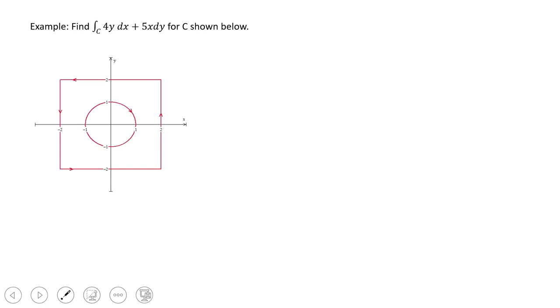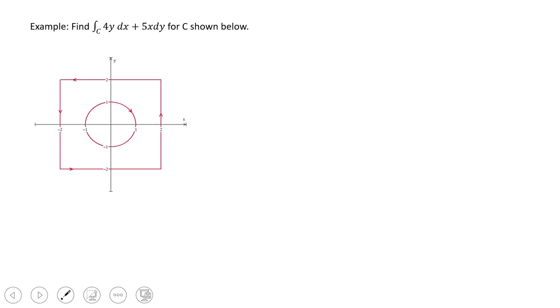Now, when I introduced Green's theorem, I assumed that we had what we call a simply connected region, so a region that doesn't have a hole in it. It turns out we can do a little trick, a little tweak, and apply Green's theorem to an object like I have shown on the screen.